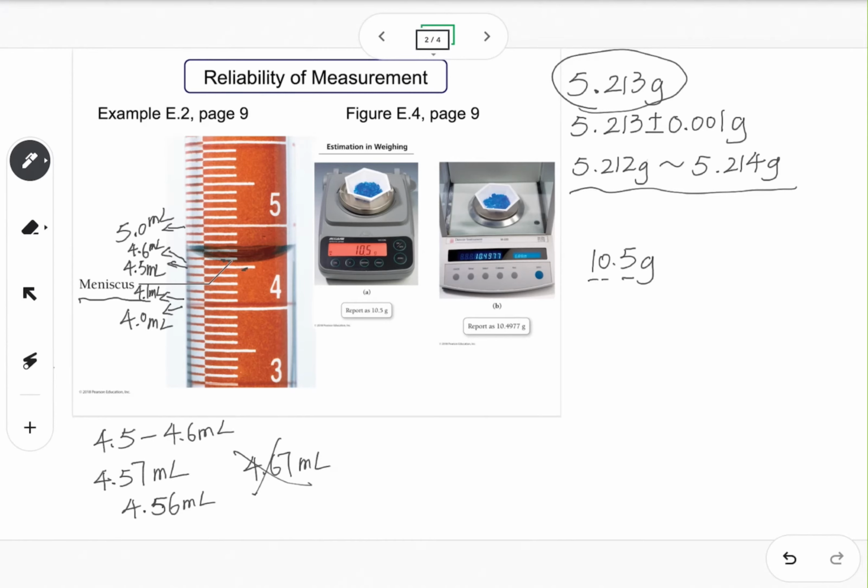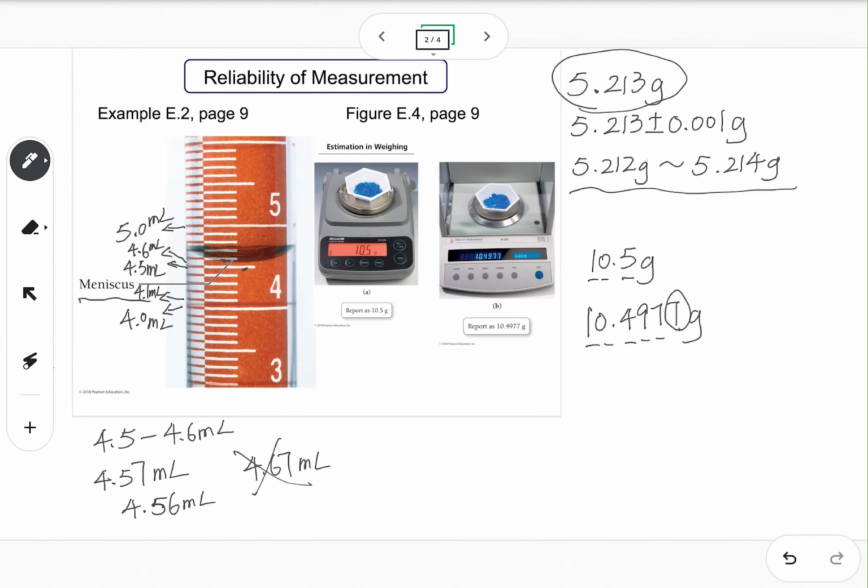The second balance here, as you notice, is more precise because it has more digits. Again, the 10497, they are certain, but the last digit is an estimation. Again, the balance did that for us. That's why everybody loves digital instruments, because it saves your time a little bit, but we do have to know how we estimate the last digit if you have to manually record your data.